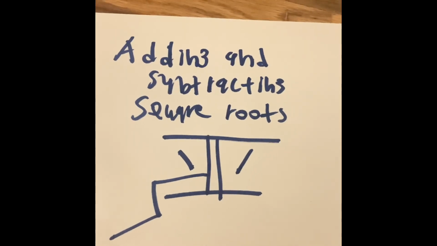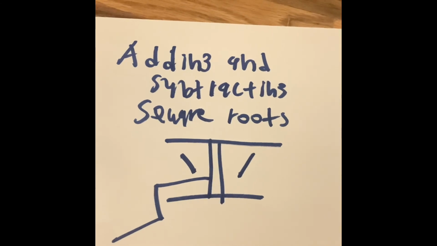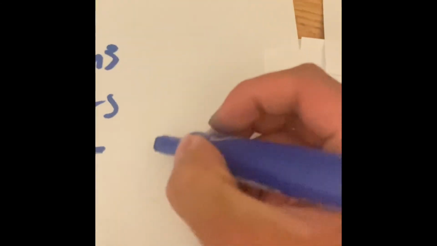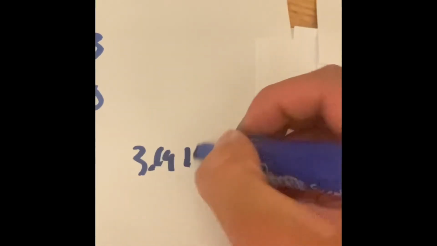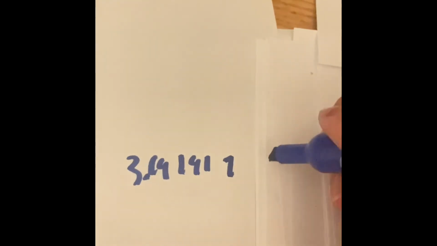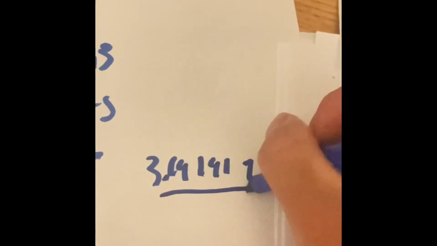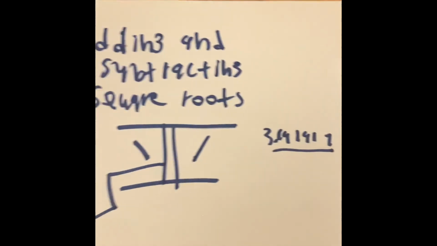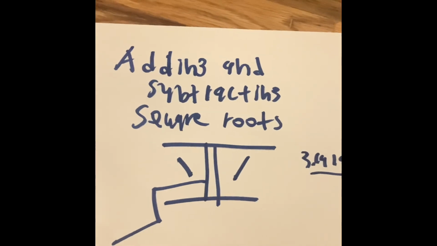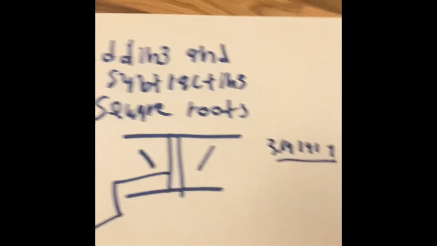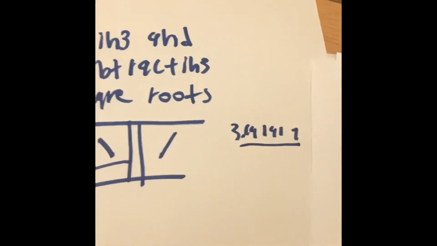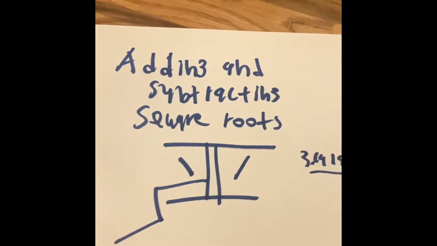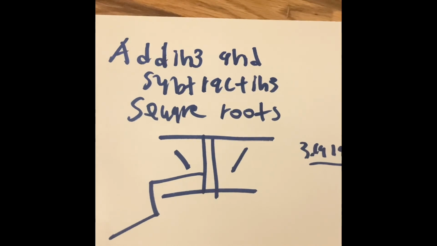For example, if you're an engineer at NASA and you are using an irrational number like 3.141419 and it keeps going forever, when you work in an engineering field, you can never use irrational numbers because that tiny bit of inaccuracy will actually throw a rocket off course, or worse, it would crash.